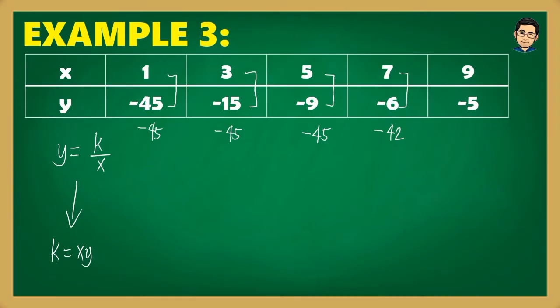Then, yung last naman natin, 9 and negative 5, that is negative 45. So, hindi tayo nakakuha ng constant na value. Kasi yung unang tatlo, negative 45, and then yung pang-apat, negative 42, at naging negative 45 na naman dun sa last natin. So, therefore, this is not an inverse variation.